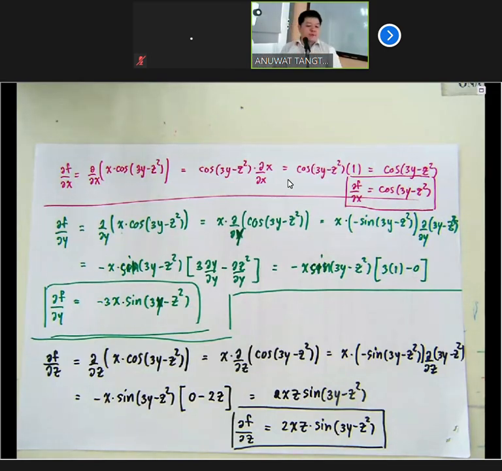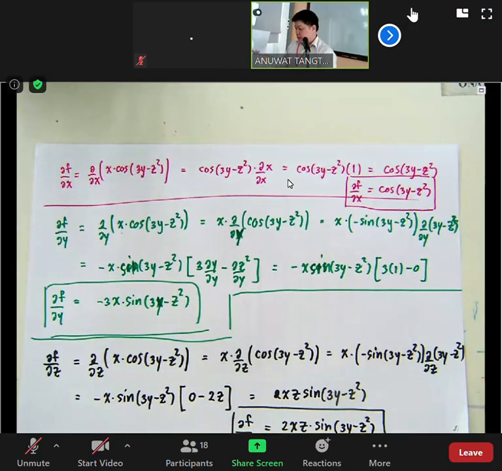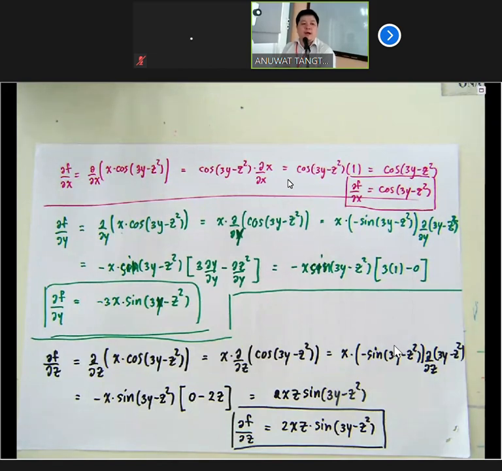That is the way we can find the partial derivative of a function of more than 2 variables. And this idea can be extended to the case of a function of any n variables. We find the partial derivative with respect to one variable. You need to keep the other n minus 1 variables constant. Okay, and this idea can be applied in the case of 4-variable or 5-variable functions.